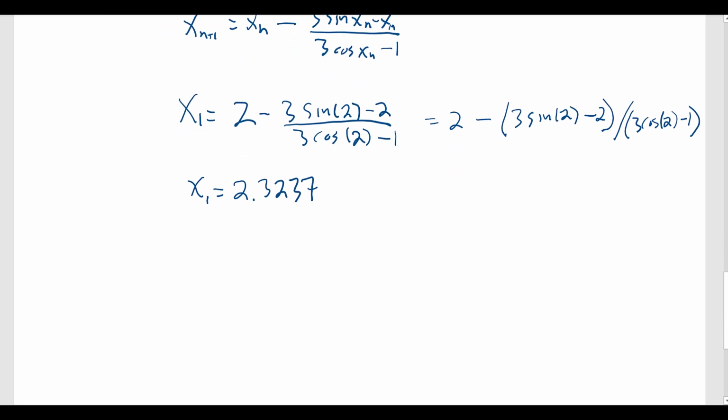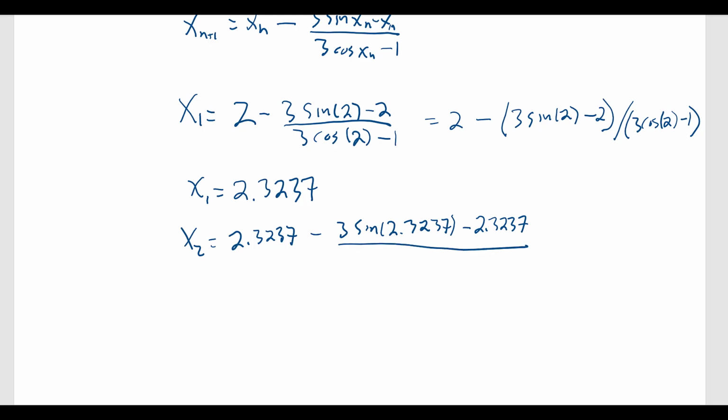To get my next value, x2, that's going to be 2.3237 minus 3 sine of 2.3237 minus 2.3237, divide all that by 3 cosine of 2.3237 minus 1.